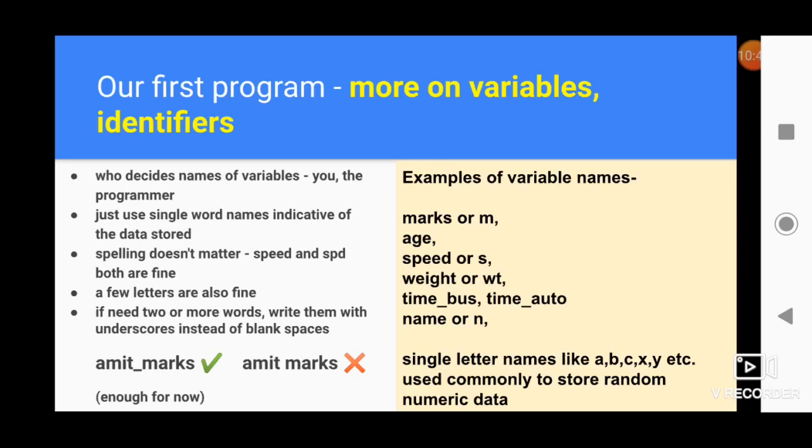As a general practice, single word variable names like A, B, C, X, Y, Z, etc. are used to represent random numbers in your program. You will see such situations in which you need some variables to store extra numbers than the original data of your program. In that case, it is a general practice to use single word names. Although it is not necessary, you can use any type of identifier for any type of number.